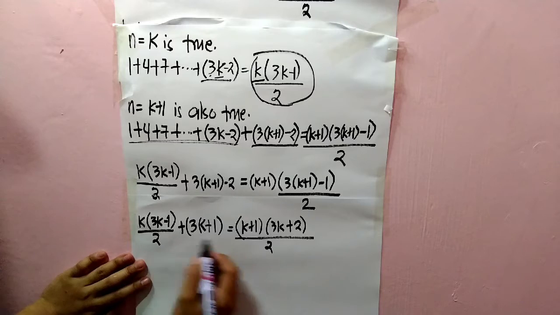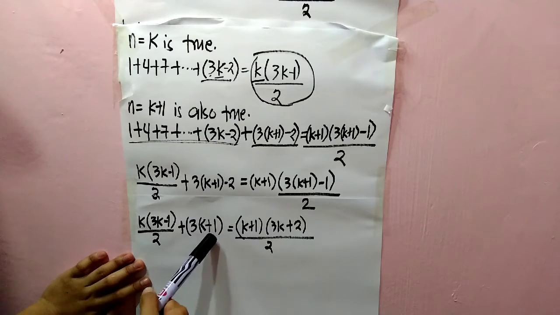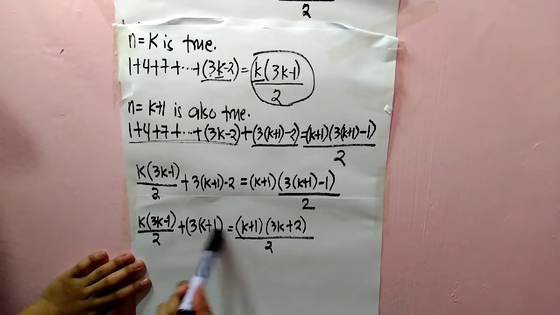So we will add this. To get this sum, we will get the denominator.